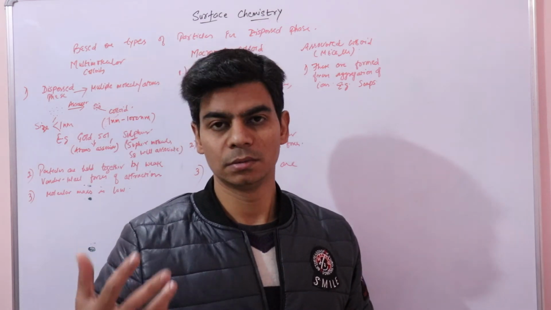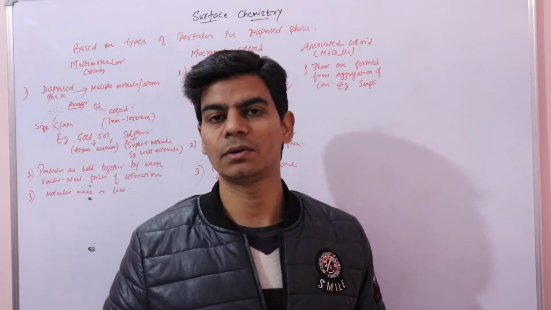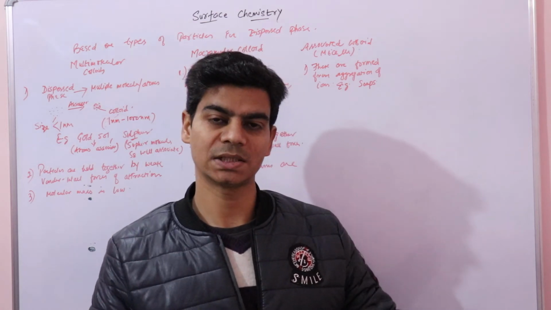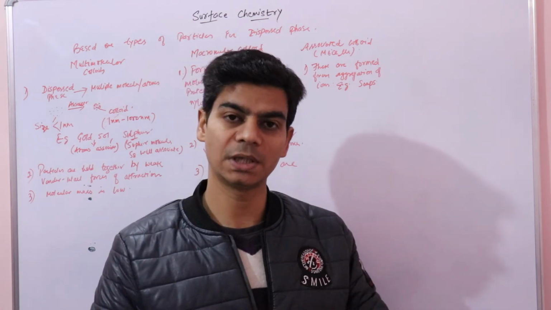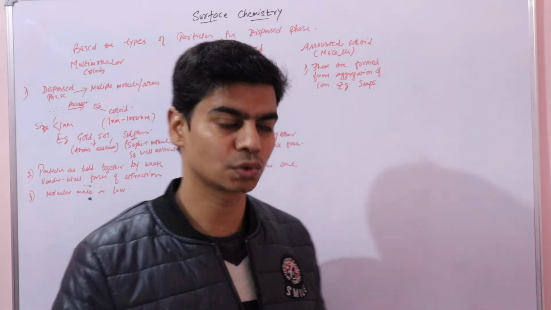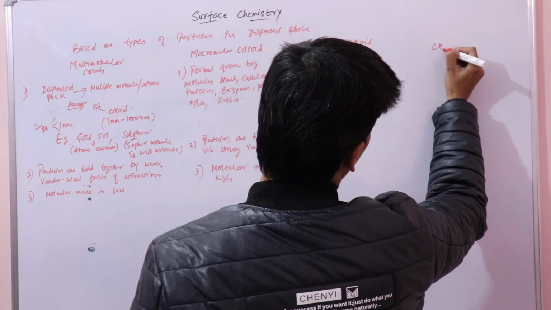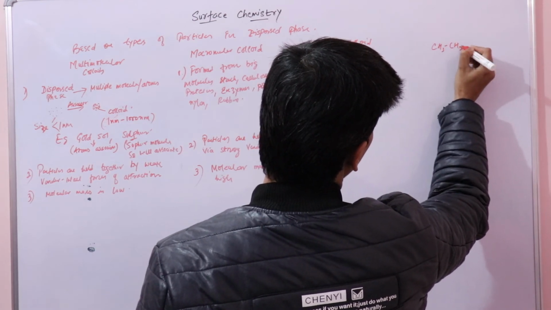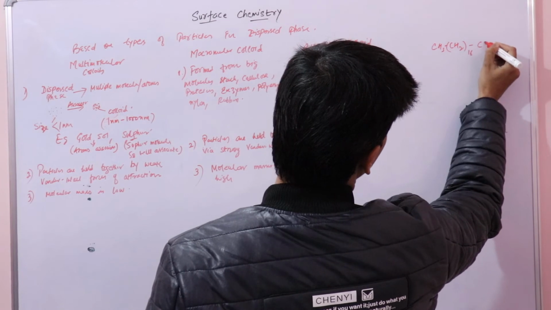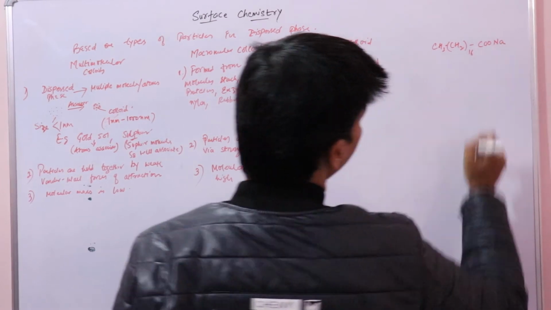They will form sodium salts with sodium hydroxide. So the sodium salts of stearic acid and palmitic acid, which are sodium stearate or sodium palmitate, are your soaps. Let's take the example of sodium stearate, CH3(CH2)16COONa.